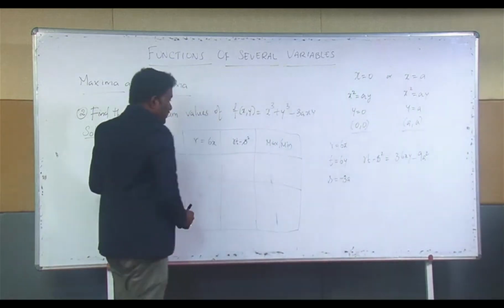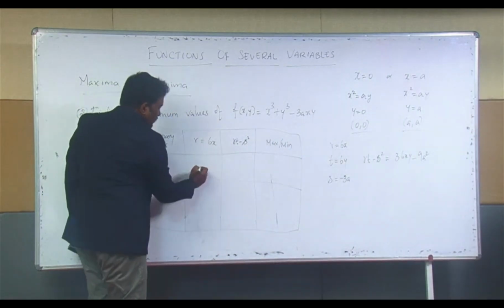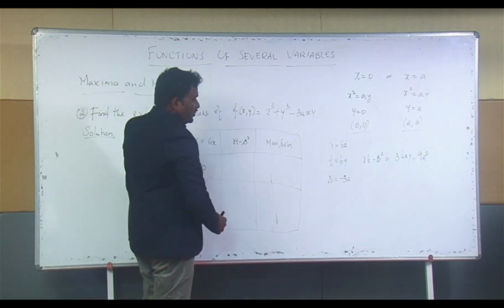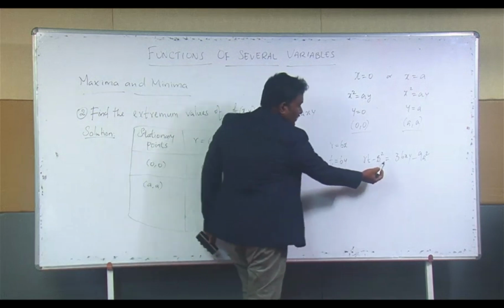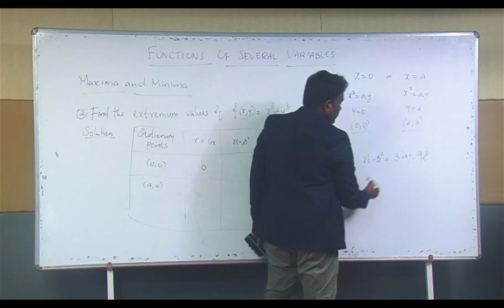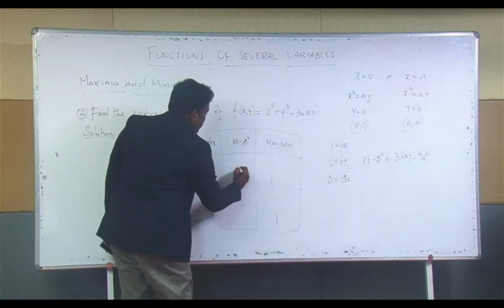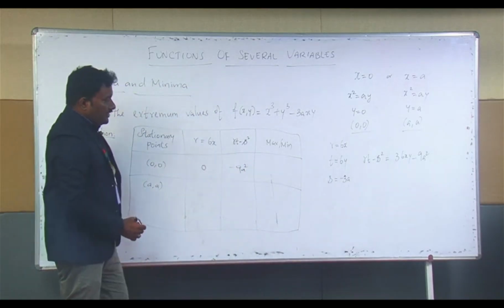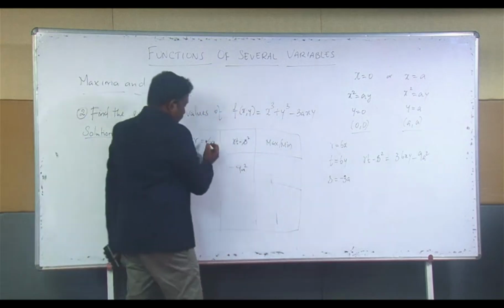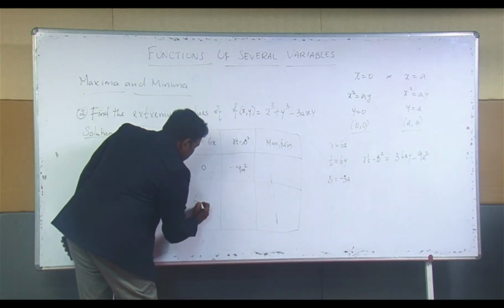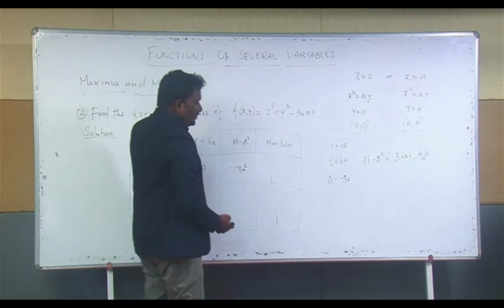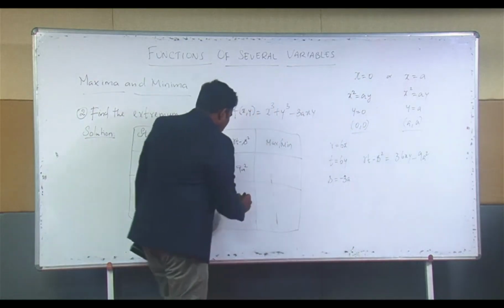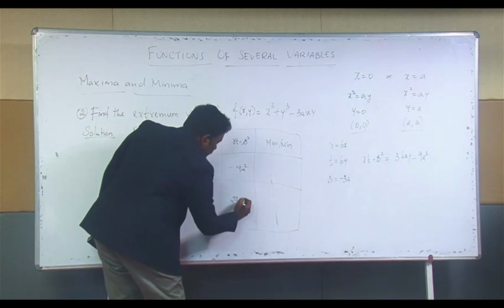If you replace 0 comma 0 here, 6 times 0 is equal to 0. If you replace 0 in the places of x and y, the first term becomes 0, then the next term is minus 9a square. For the second point a comma a, if you replace it in the place of x, it becomes 6a, and RT minus S square will become 36a square minus 9a square, that is 27a square.